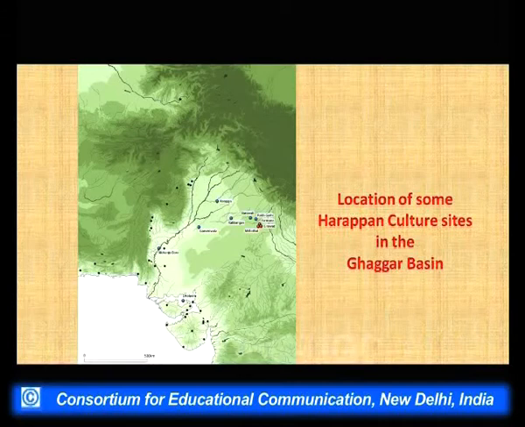Okay. Now here you can see that besides the Indus, also in the Ghaggar region, you have a large number of sites like Banawali, Kalibangan, and Farmana, but most importantly you have Rakhigarhi. Now Rakhigarhi is a newly excavated site that some people consider to be larger than even Mohenjo-Daro.